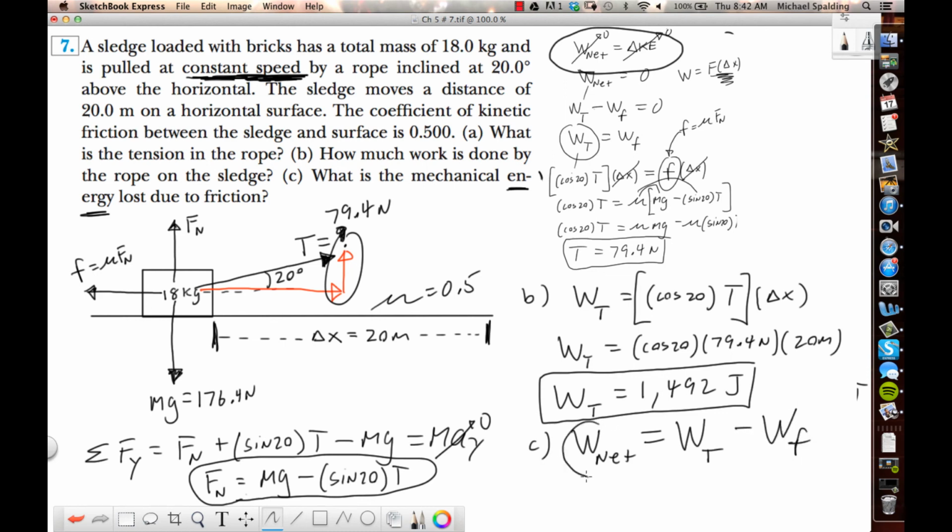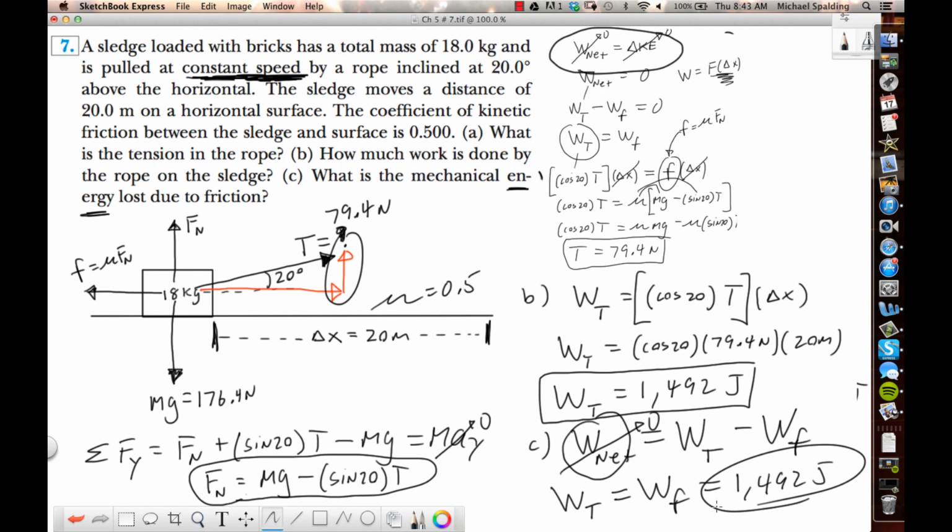But what is the net work for this problem? 0. So that means that the work done by the tension is equal to the work done by the friction. We already know the work done by the tension. It's 1,492. Right? In other words, the work friction is canceling the work done by the tension. And that's why the box moves at constant speed.